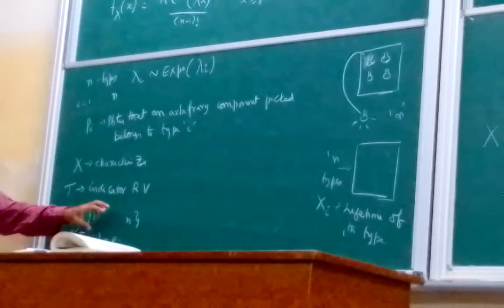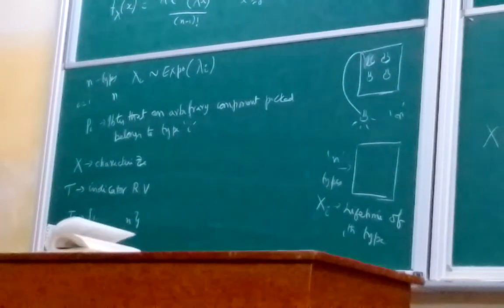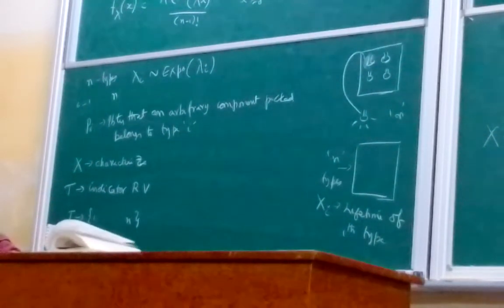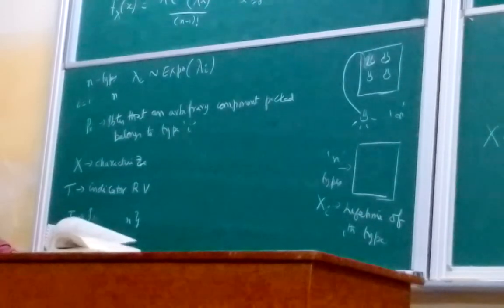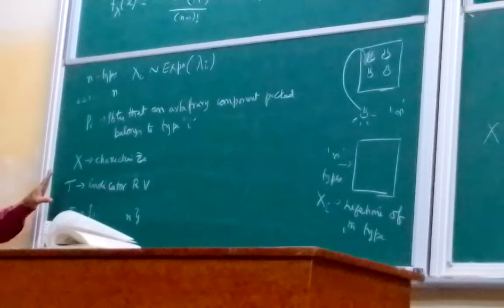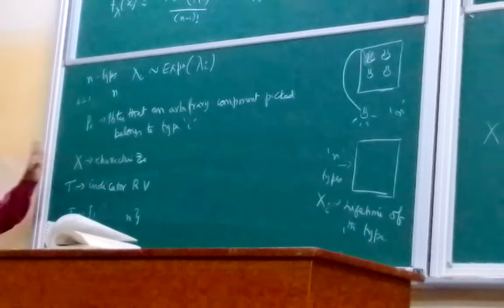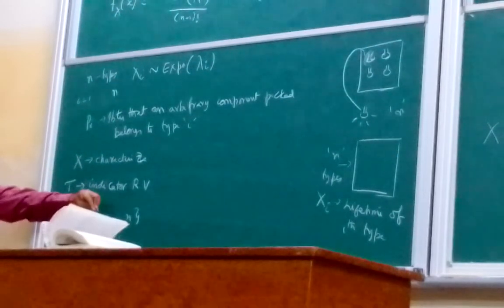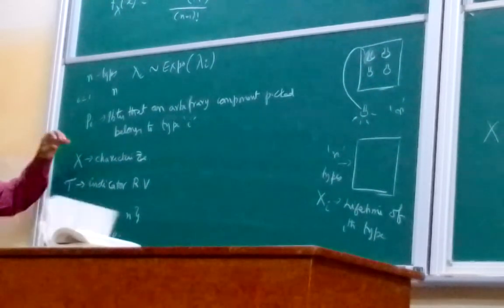Okay. So basically it indicates which type is being taken. Based on that, the random variable will be assigned a value between 1 and n. That is the significance of the indicator random variable. It takes a value between 1 and n based on what type is being drawn.